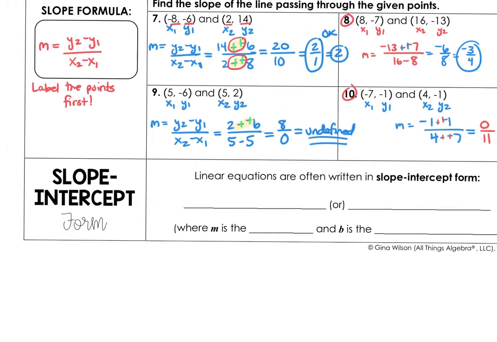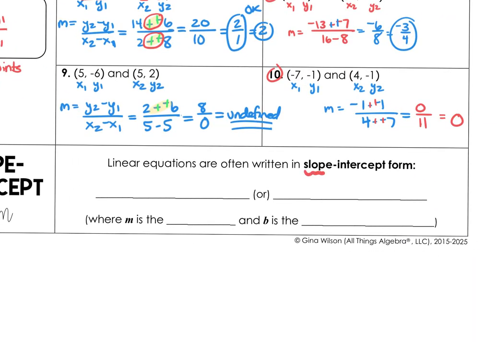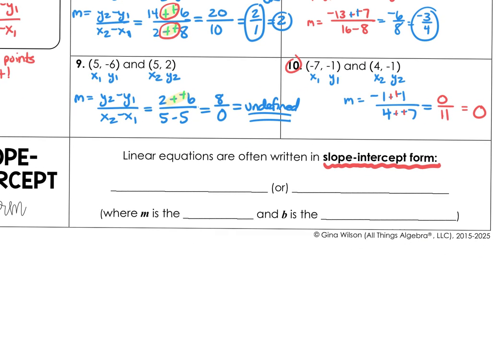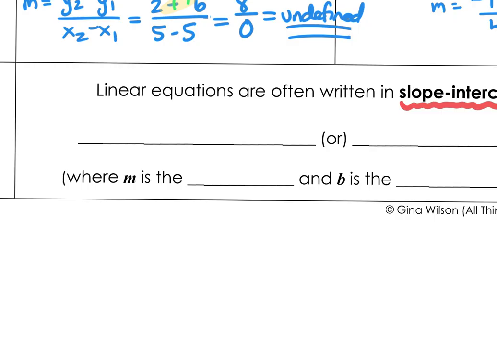The famous slope-intercept form, which everyone in this room should know. There it is. Now, see how it says "or"? They give you another one in function notation. We looked at function notation last week with all of our f of x.